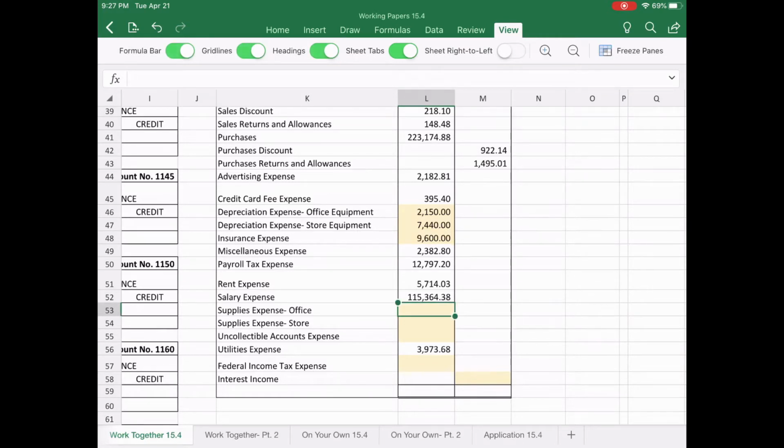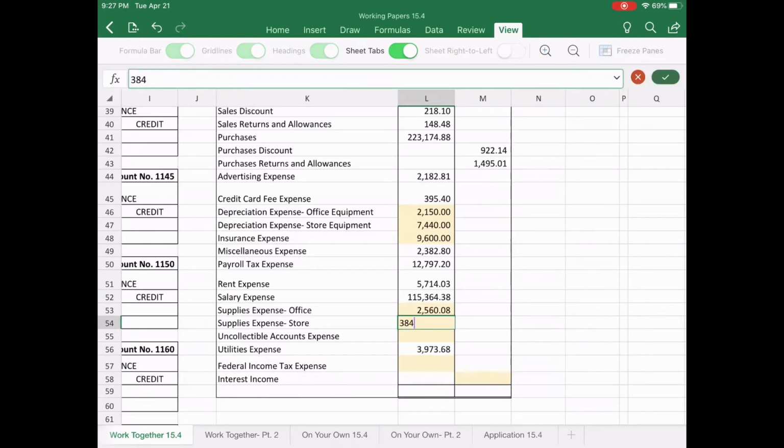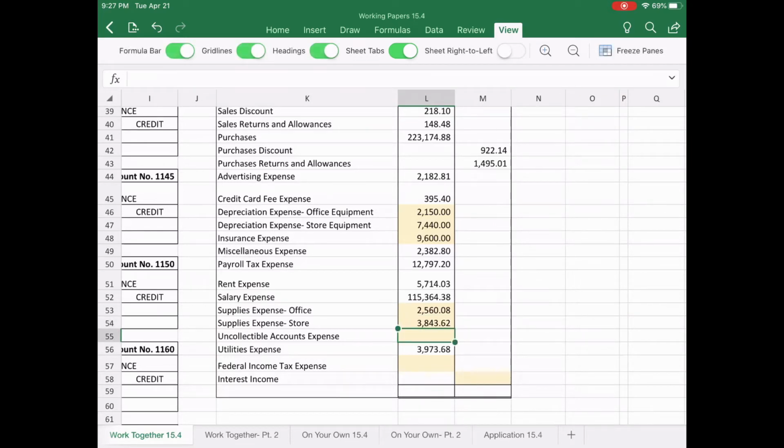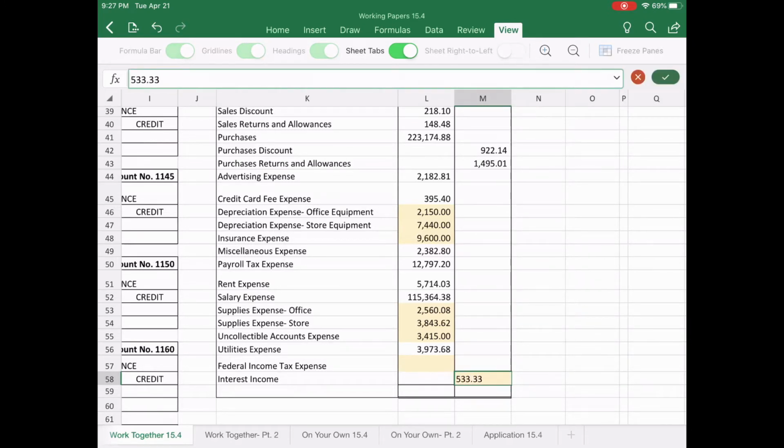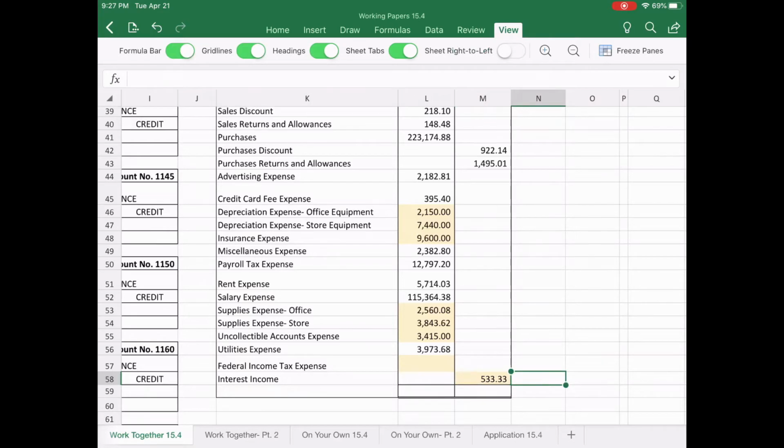Supplies expense office, 2560.08. Supplies expense store, 3843.62. Uncollectibles, 3415. Federal income tax expense, I told you would come later, and then interest income, 533.33. All right, so that's complete for part 1.